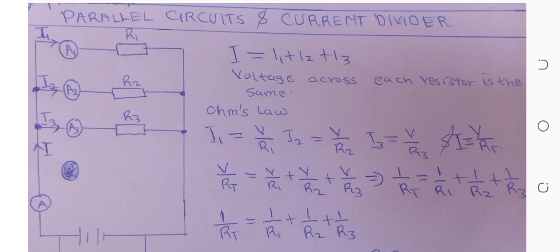So we have the voltage across each resistor is the same, or it is equal.